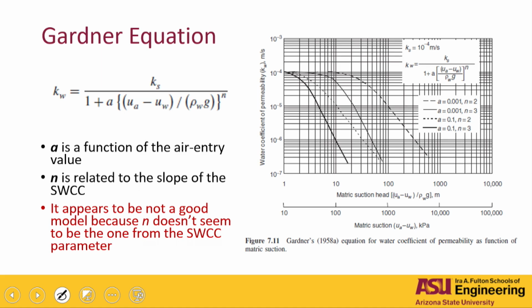So in other words, what you do is, for example, if you do have your soil-water characteristic curve, and you got several points measured in the lab by any of the methods that you learned yesterday, I'm talking about your volumetric water content or degree of saturation and your suction value, let me call it pore air minus pore water pressure, and you got all these points.